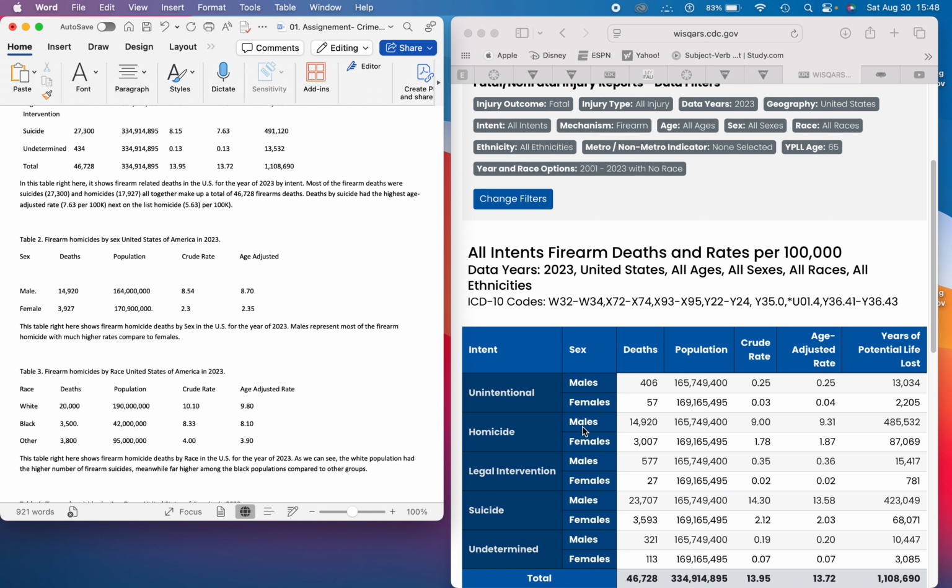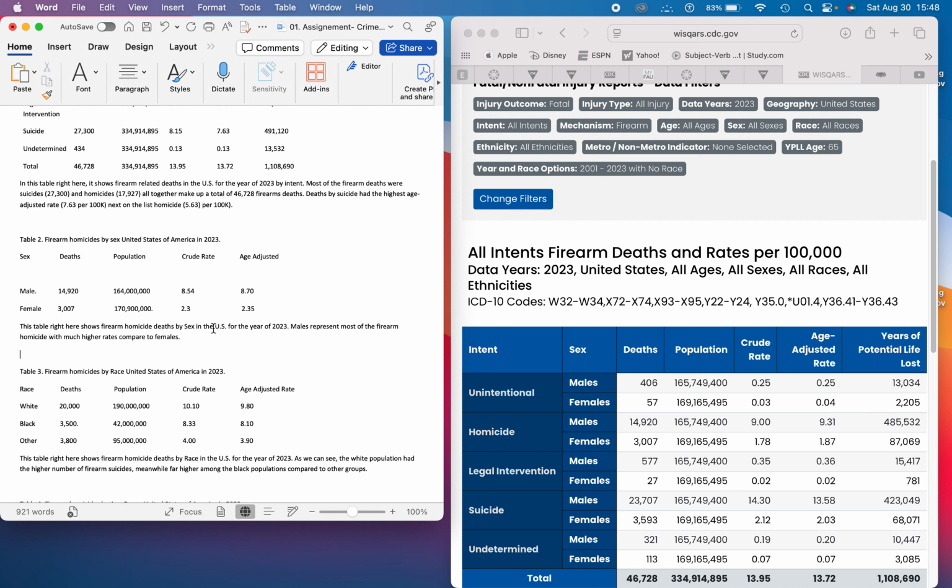But we wanted the homicide by sex, and females, homicide by females is 3,007, which is a little bit more. Right here, what I put, 3,007, and voila, this is it right here for 2023.